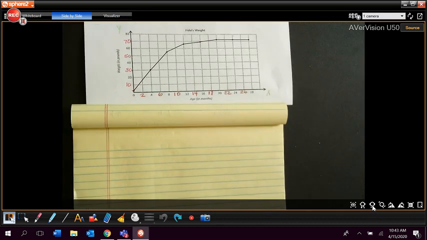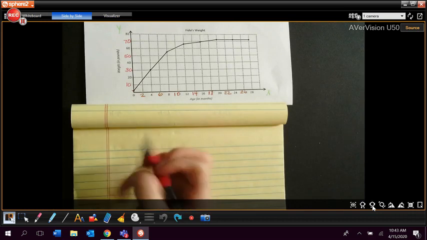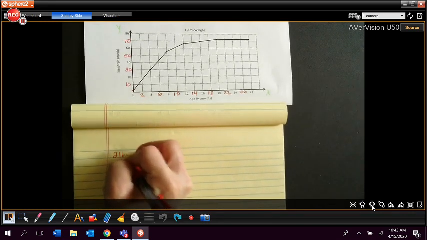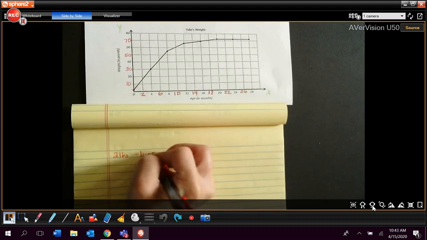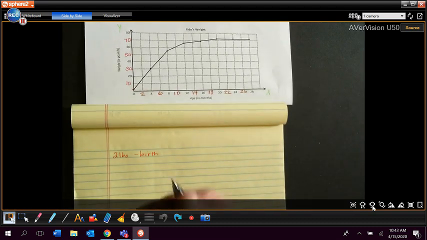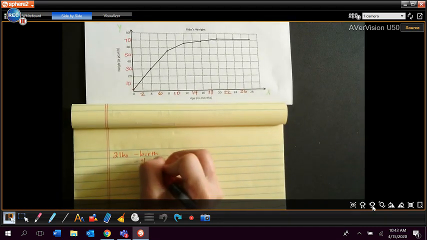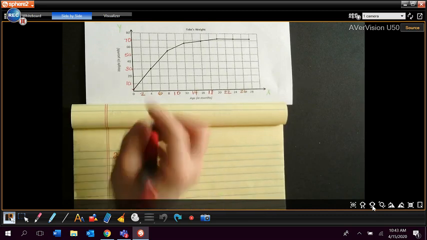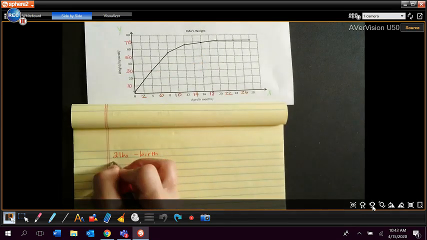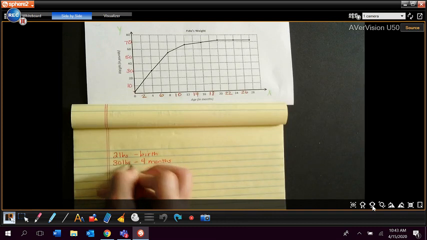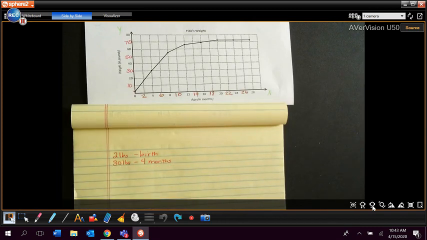There we go. Okay, so if he weighed, let's just say he weighed 2 pounds at birth, but then at 4 months, he was 30 pounds. If I want to know how much he gained during the first 4 months, I would have to find the difference.